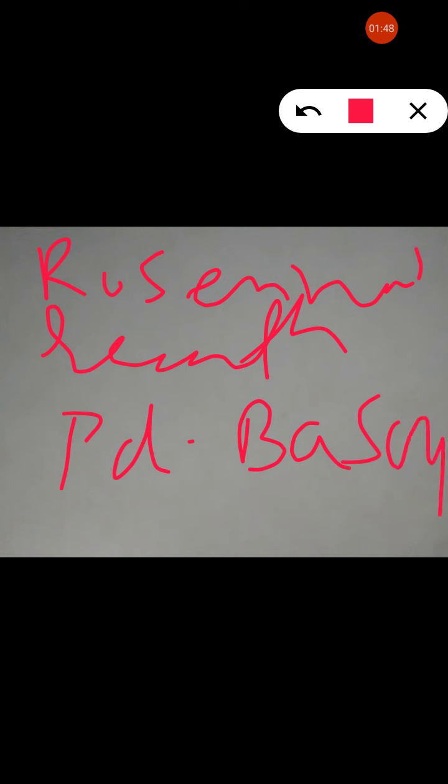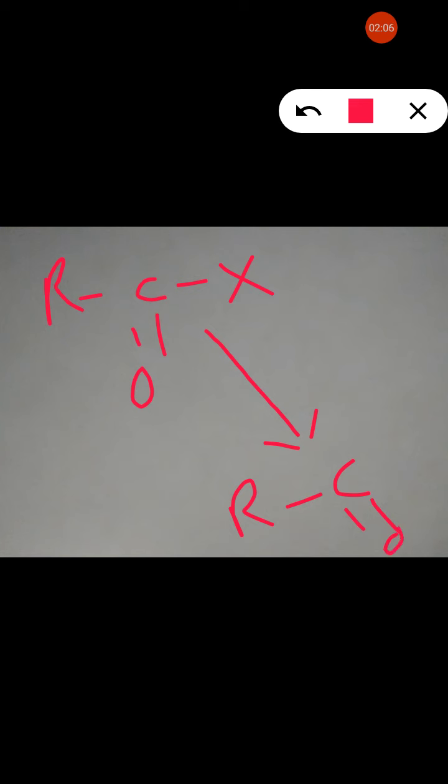Here what happens in Rosenmund? In Rosenmund, acyl halide, that is RCOX, is what? This acyl halide changes to RCHO in presence of palladium in barium sulfate BaSO4. So it gives the product as an aldehyde from acyl halide, that is Rosenmund reaction.